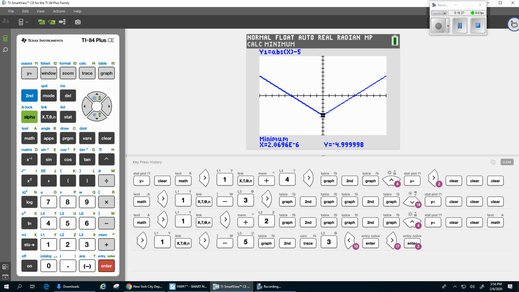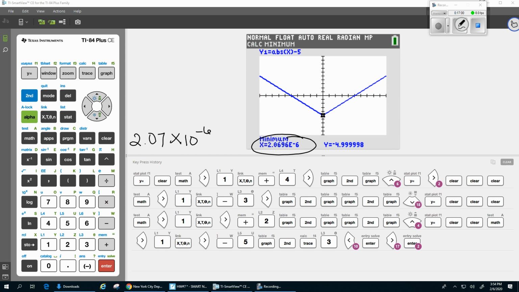Okay, so now I have two numbers. This x value is really 2.07, the e stands for times 10, and then it's raised to the -6th power. The e is the exponent. This is an extremely small number.